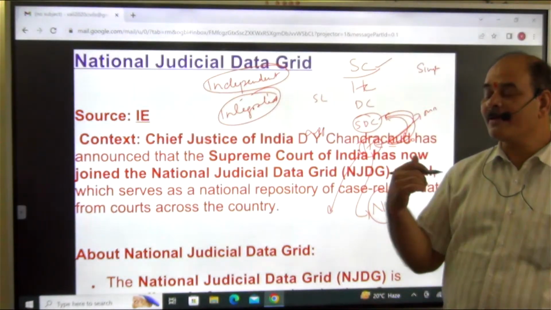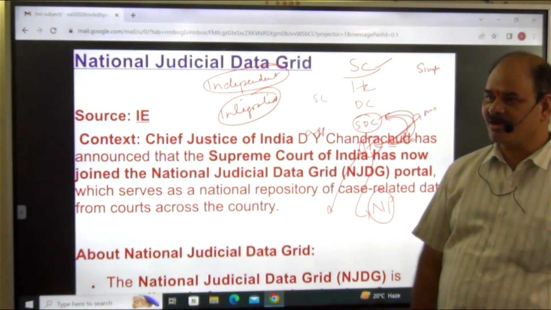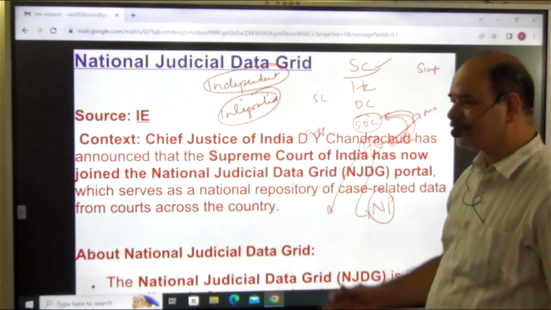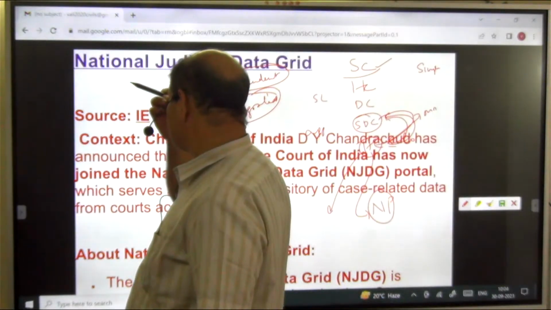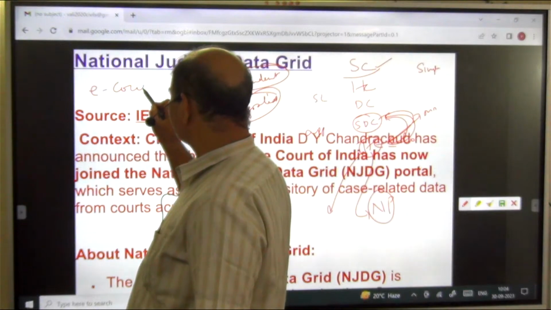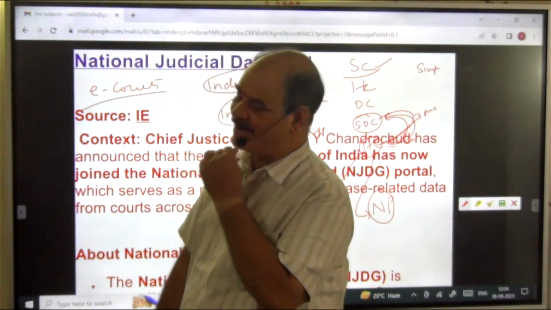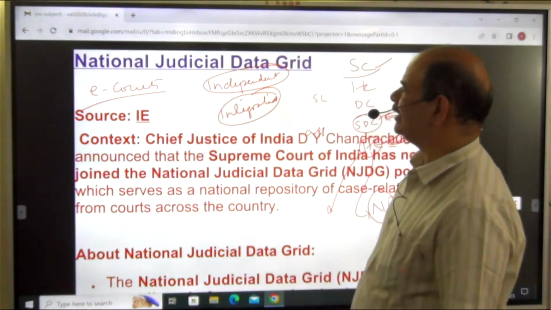Now, in India, the courts are filled with a large number of cases. So to see that cases are closed or judgments are given at a faster rate, we have started the concept of e-courts, and the National Judicial Data Grid is part and parcel of the e-courts.